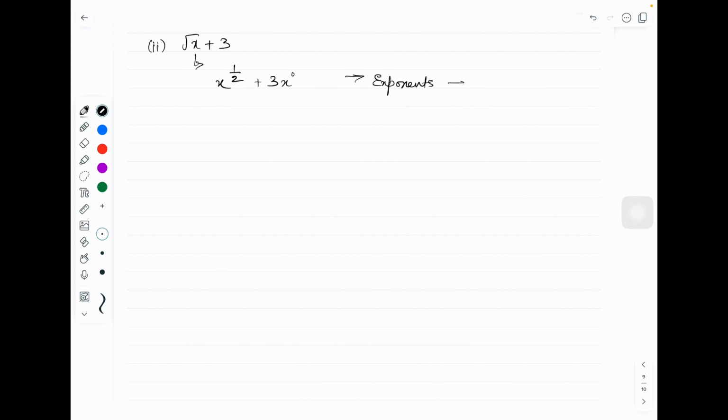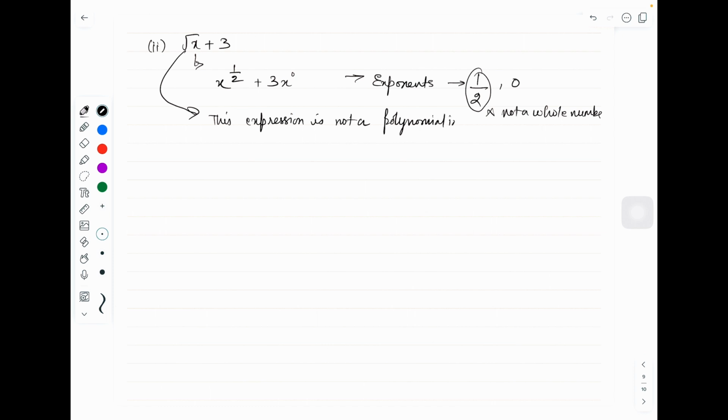So the exponents are 1 by 2 and 0. 1 by 2 is not a whole number, so this expression is not a polynomial in one variable. Because one of the exponents is not a whole number, it is a rational number.